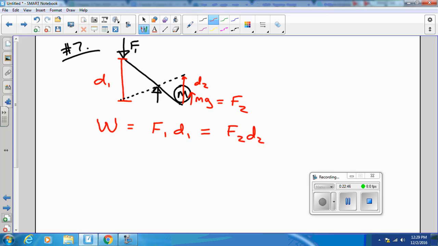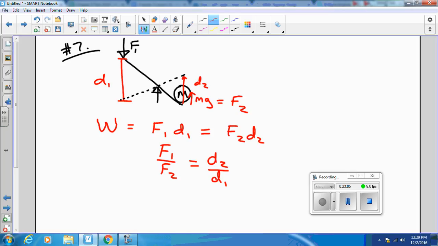Just like that. And because of that, that immediately gives us a relationship between the two. Which is an inverse relationship.